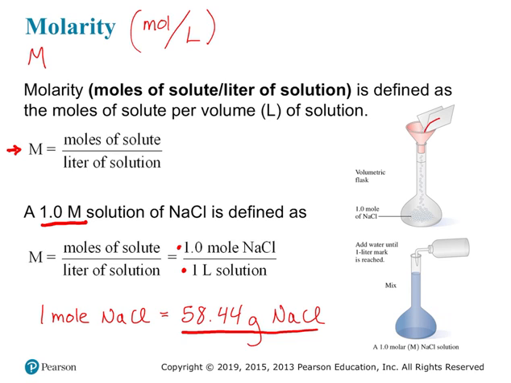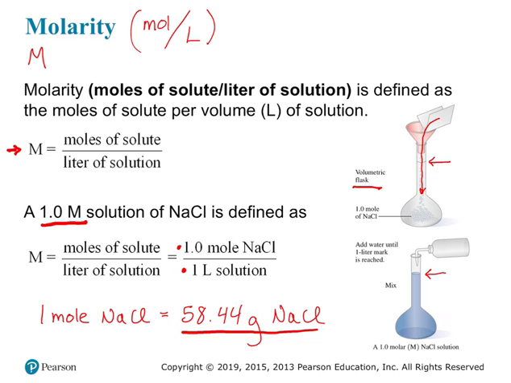And then we're just going to add that to something called a volumetric flask. This is what we typically use to make solutions because the volume is very accurate for these types of glassware. All right, so once we add that amount of sodium chloride to our volumetric flask, then we add enough water to get to 1 liter. So that same mark is shown up above.